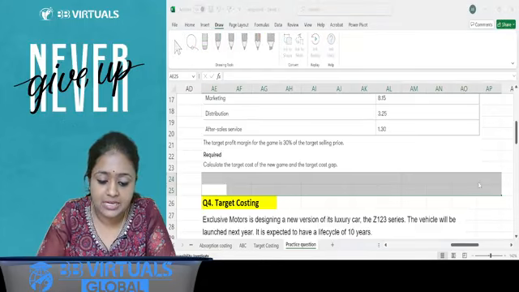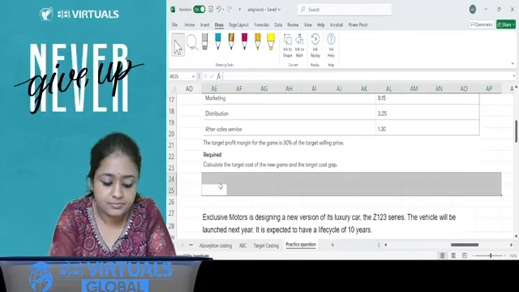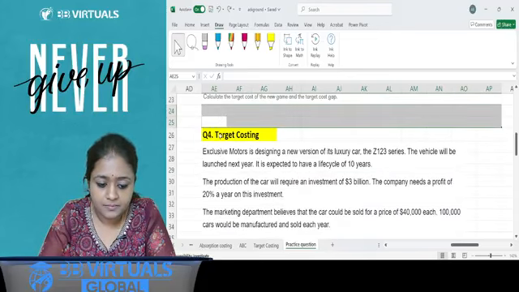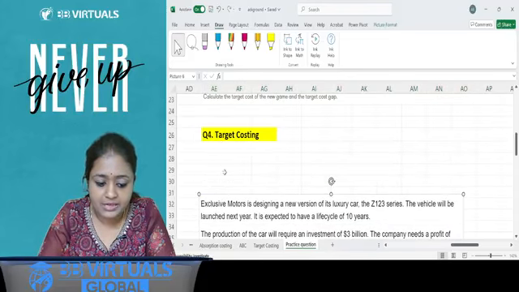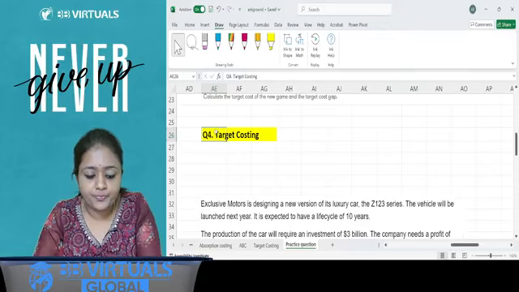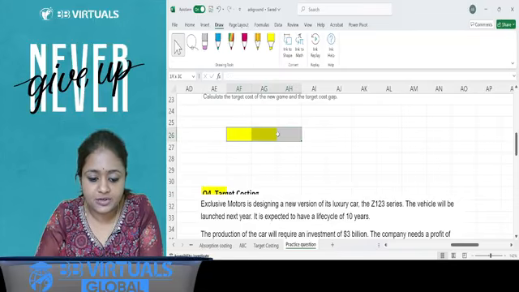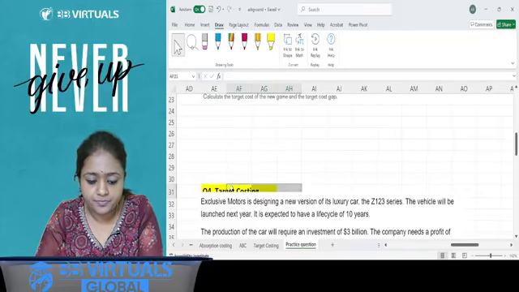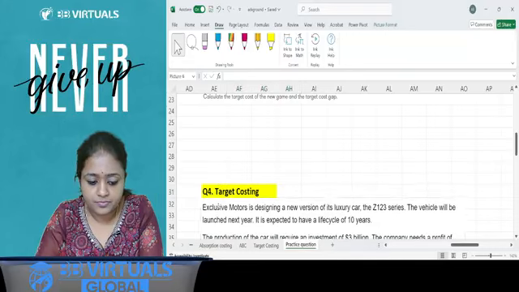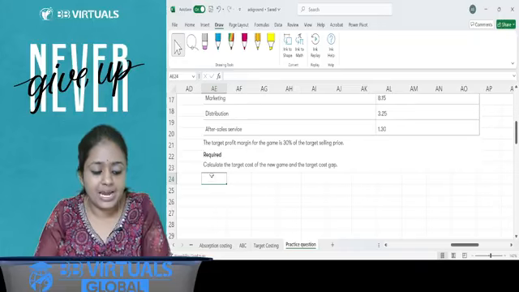So can we calculate target cost, guys? Can you put your answers in the chat box? What is the target cost? Put it in the chat box.